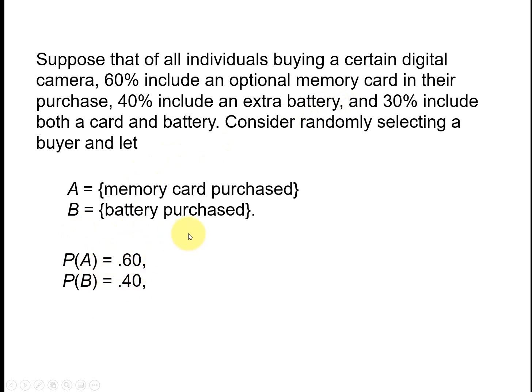That's where they get these numbers. And the probability that both of them purchased it was 30%. So probability both purchased equals probability of A intersection B, or probability A and B, and that equals 0.3, and we get that right up here.